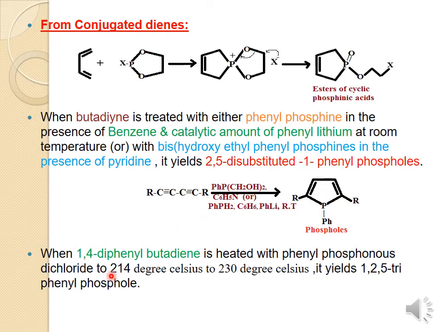And then moving on to the next reaction, when 1,4-diphenyl butadiene is heated with phenyl phosphonous dichloride at 214 to 230 degrees Celsius, it will give you 1,2,5-triphenyl phosphole. I'll show you that in the next slide.